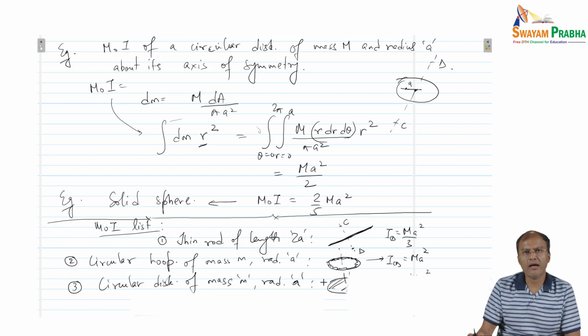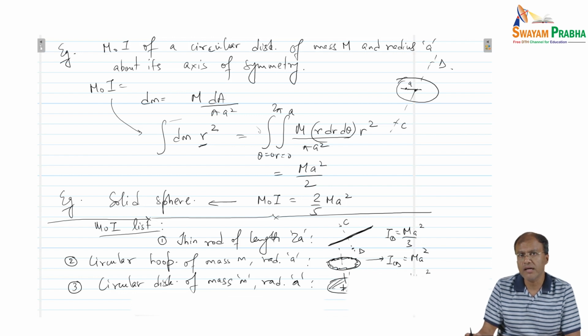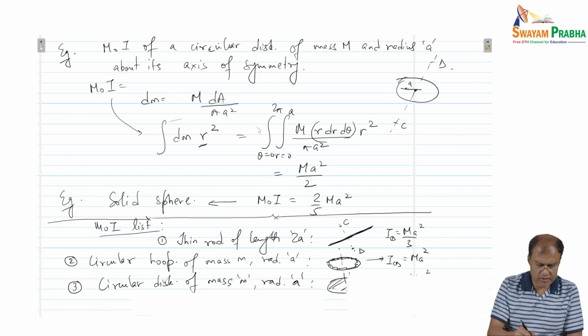Interestingly, we see that the hollow objects have more moment of inertia than the solid objects. We will see a similar setup for even the 3D sphere case. Let me continue this list.